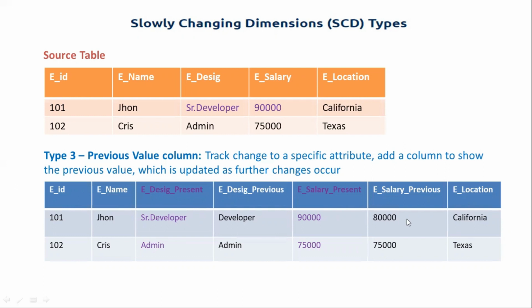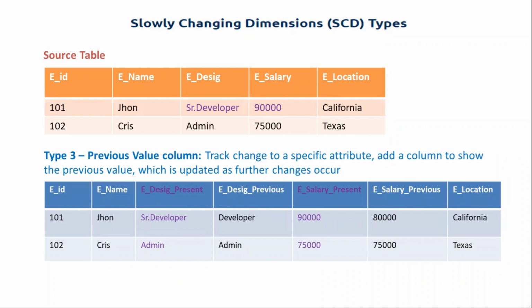So the difference between type 2 and type 3 is that here we are maintaining the data at a column level, in a single record. We are not adding another row like type 2. Type 3 maintains data at a column level, present and previous.